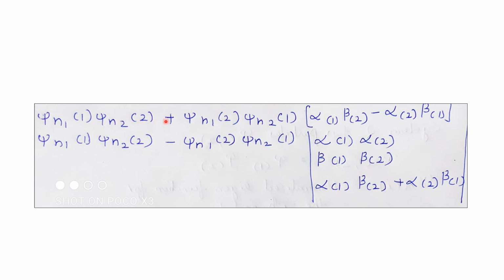That is, in this case, the total wave function must be anti-symmetrical. Then psi n11 psi n22 minus psi n12 psi n21 into alpha 1 alpha 2, beta 1 beta 2, alpha 1 beta 2 plus alpha 2 beta 1.